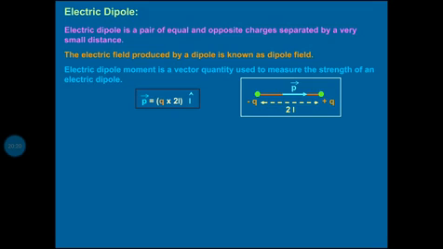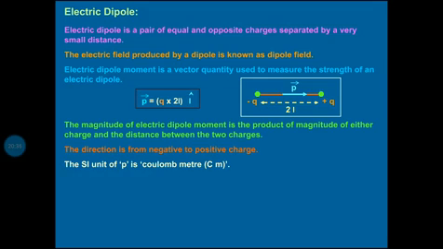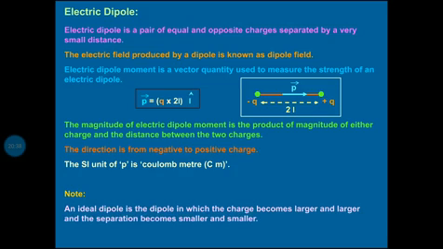The magnitude of electric dipole moment is the product of magnitude of either charge and the distance between the two charges. The direction is towards the positive charge. The SI unit of P is coulomb meter. Now note here, an ideal dipole is the dipole in which the charge becomes larger and larger and the separation becomes smaller and smaller.